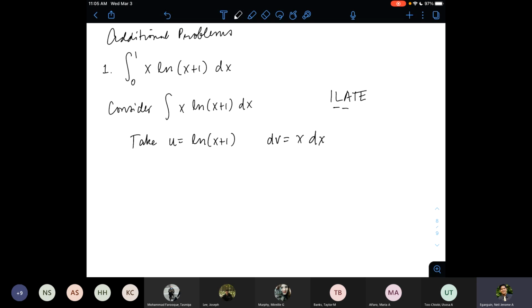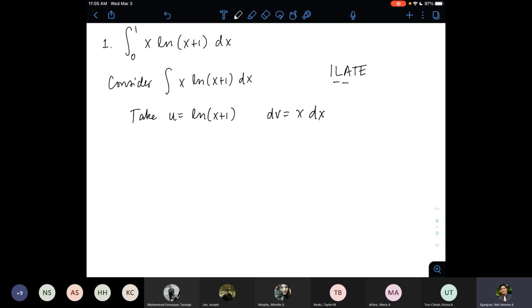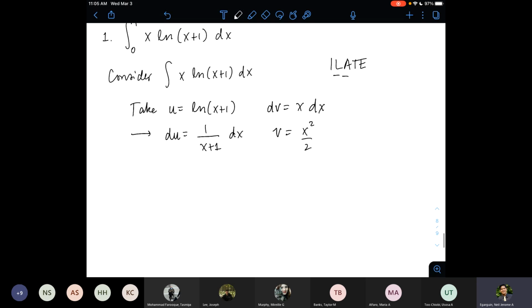So that would be x dx. Then we'll compute for du. The differential of u is just 1 over x plus 1 dx, right? And then v would be equal to x squared over 2. Okay, so far? Once you decide what goes as u and dv, you compute du and v because that is required in formula number 1.